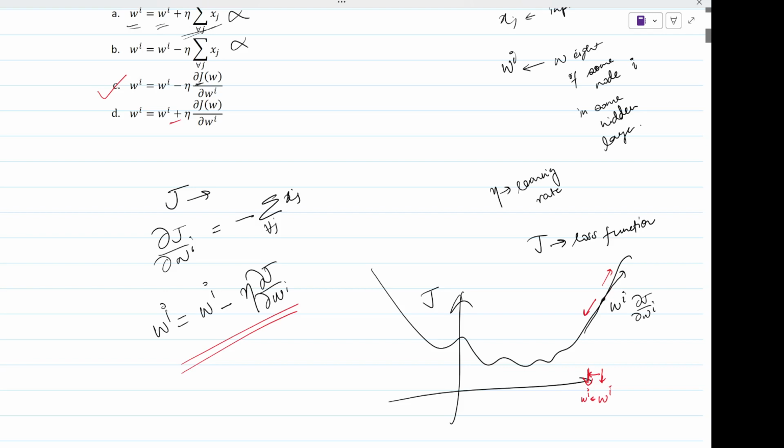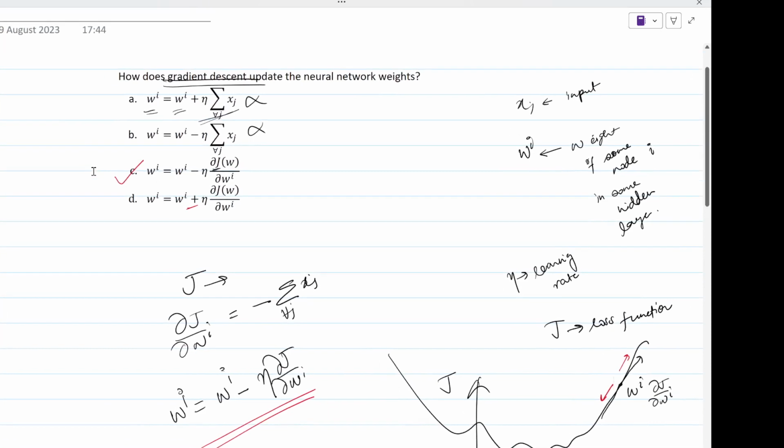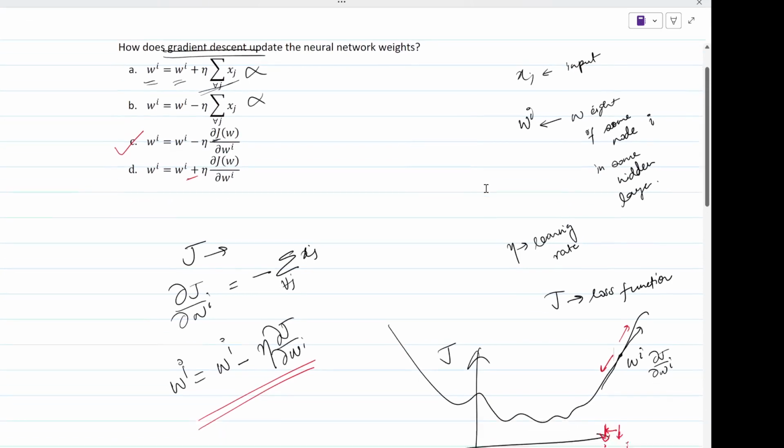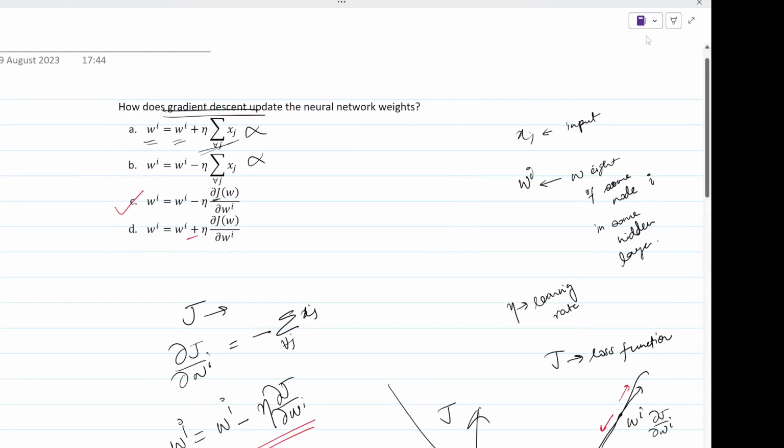That is what you try to do in training your neural network, whether it be cross entropy loss or squared error loss or any other appropriate loss. Okay, any doubts so far?